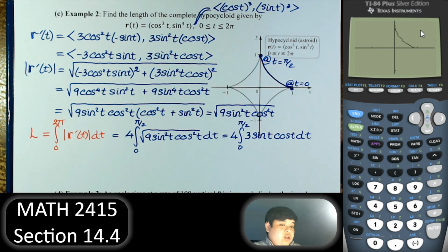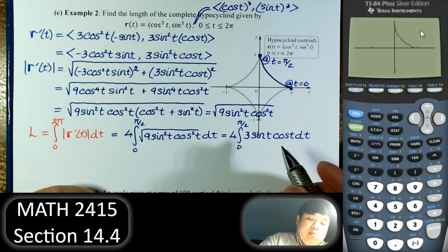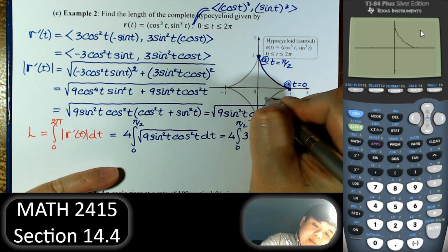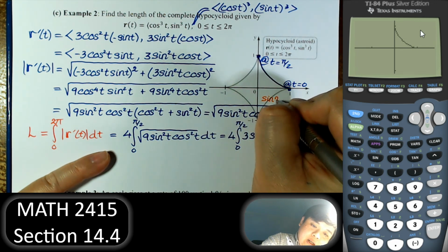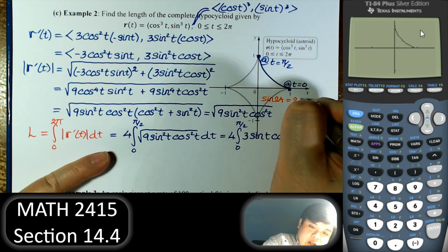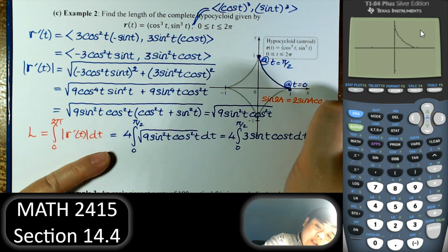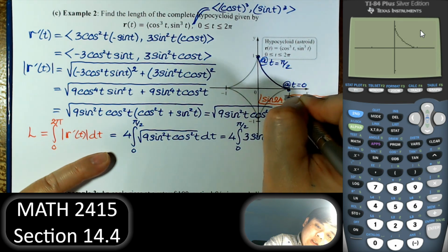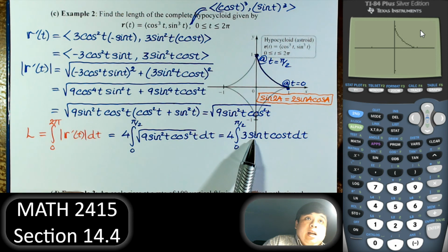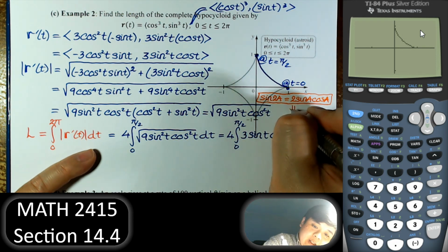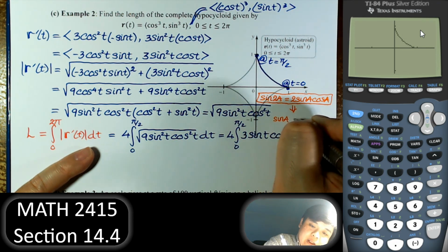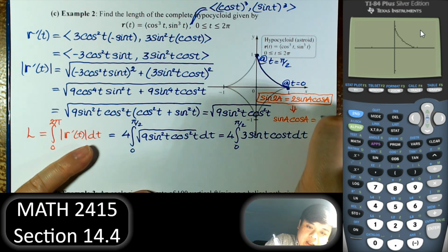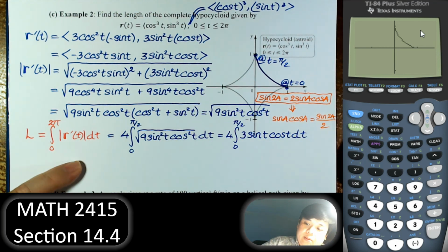Of course, here we can just use the substitution, or we use the trig identity, the double angle. Sine double angle is 2 sine cosine. So in that case, sine A cosine A is sine of 2A divided by 2. Right, so that's what we have here.